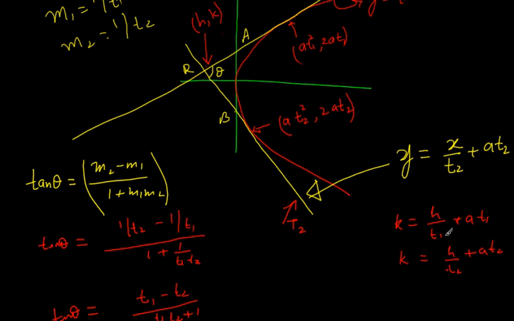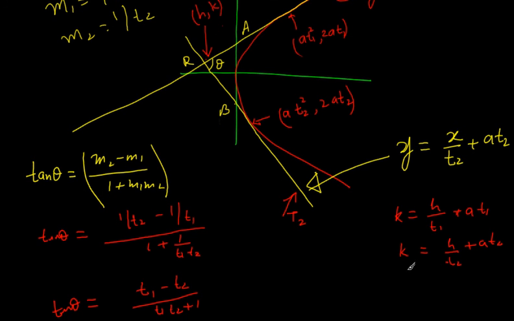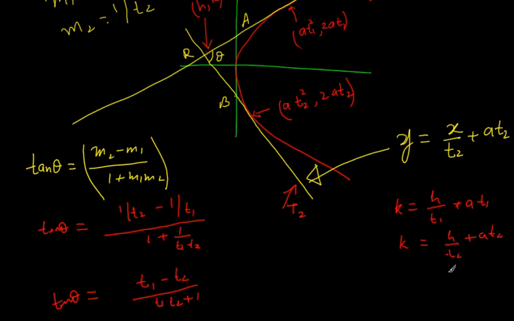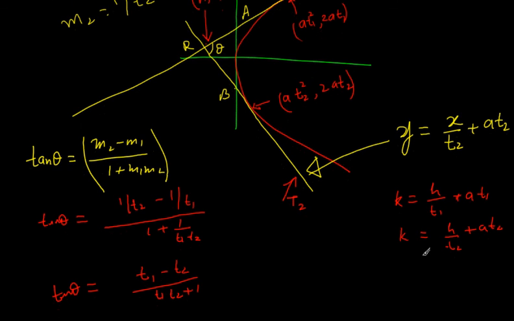Now we need to find t1 minus t2. How do we find it? This k will get cancelled. Then simply 0 is equal to h times (1 by t1 minus 1 by t2) plus a times (t1 minus t2).